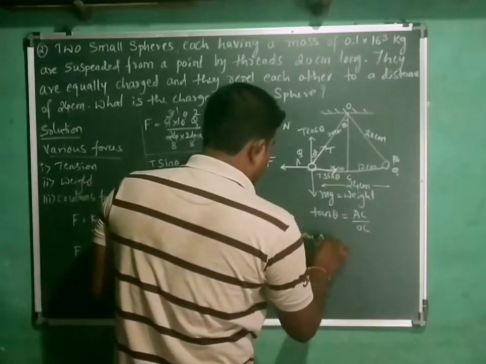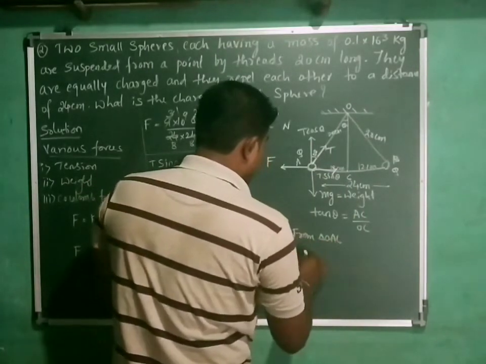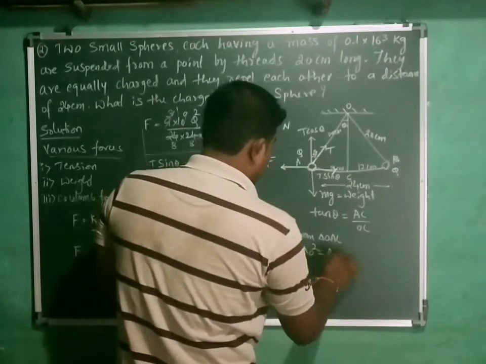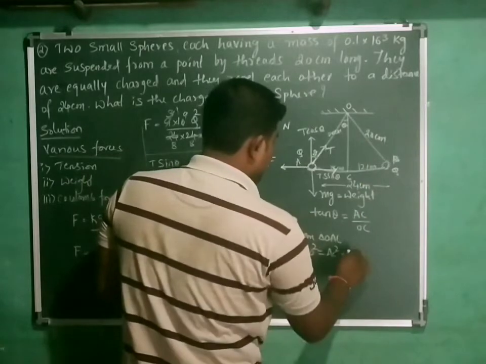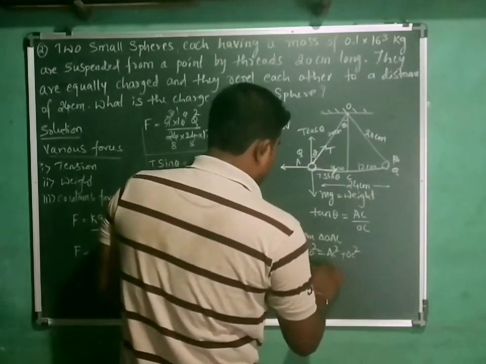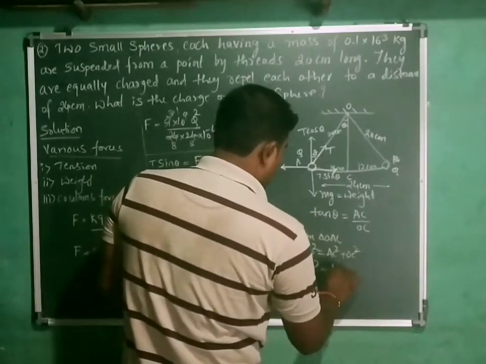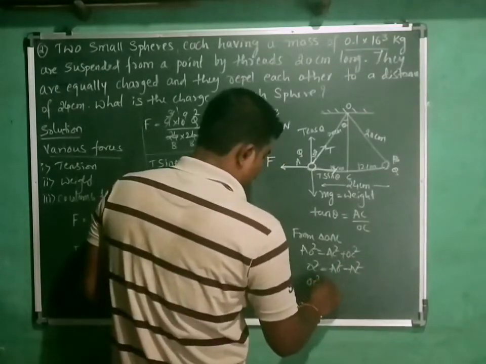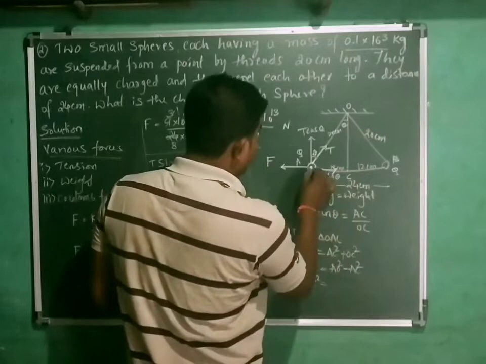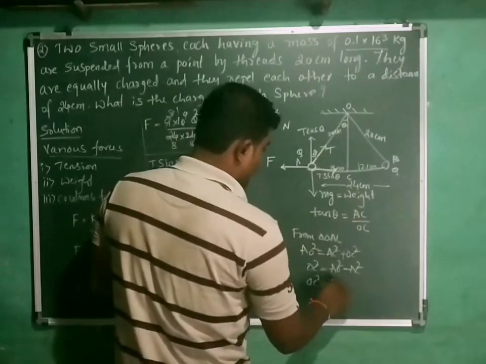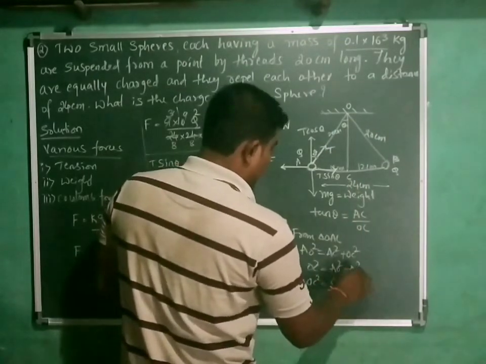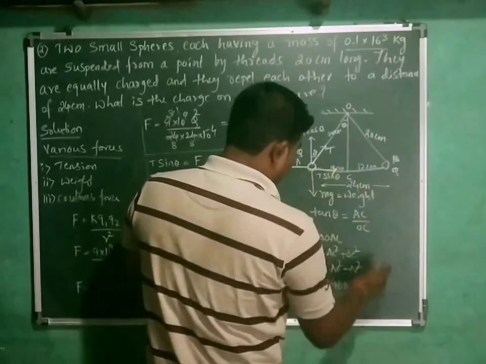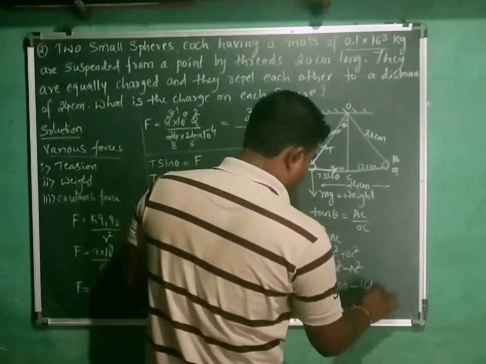From triangle OAC, AO square is equal to AC square plus OC square, or OC square is equal to AO square minus AC square. AO square means this distance, it is 20, and 20 20s are 400, minus AC, this distance is 12 centimeter, and 12 12s are 144.